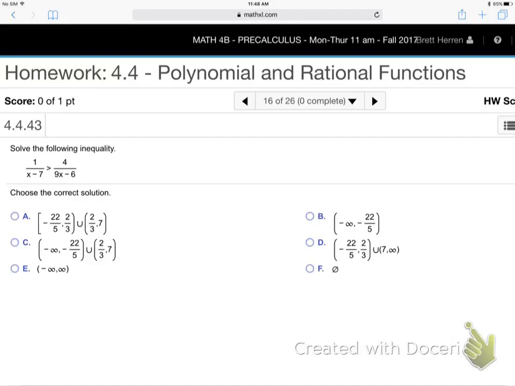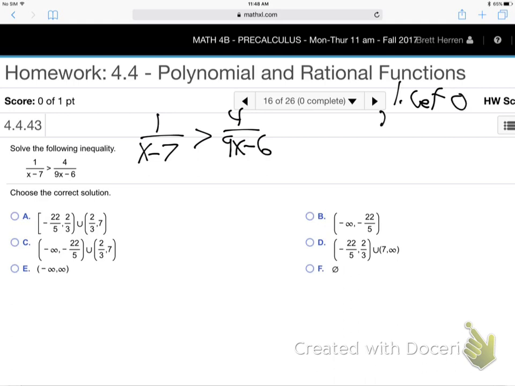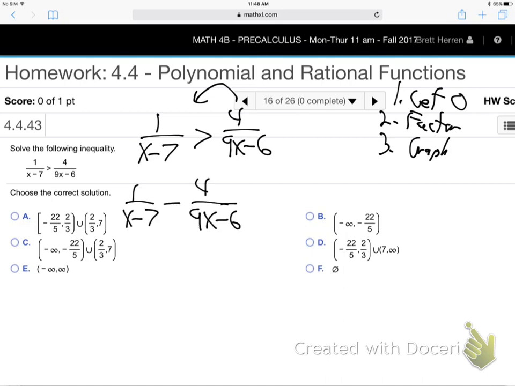So on 16, we have 1 over x minus 7 greater than 4 over 9x minus 6. All right, remember step 1, get a 0. Step 2, factor. Step 3, graph. So, got to bring this all the way over, and you get 1 over x minus 7 minus 4 over 9x minus 6 greater than 0.